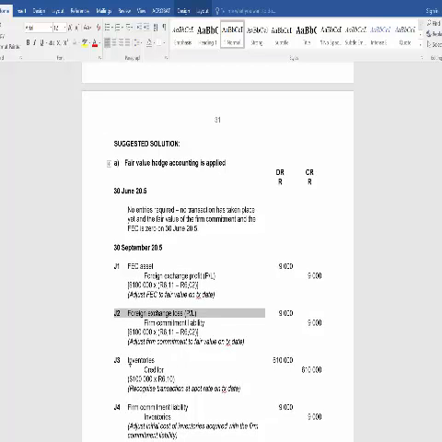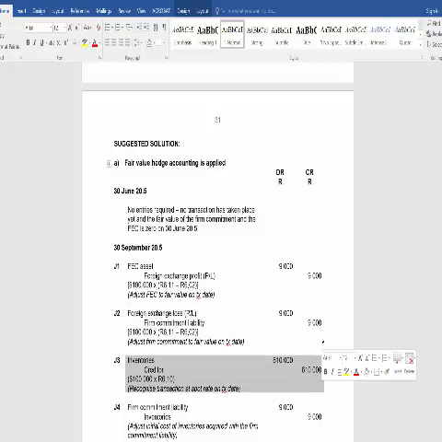Journal number 3 says debit inventories, credit creditor. So what is happening there? Remember, it's our transaction date. So on transaction date, we're now going to recognize the inventories at 610,000, the spot rate on transaction date, against the creditor at 610,000.